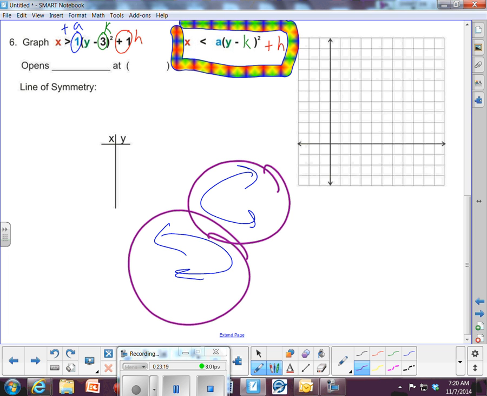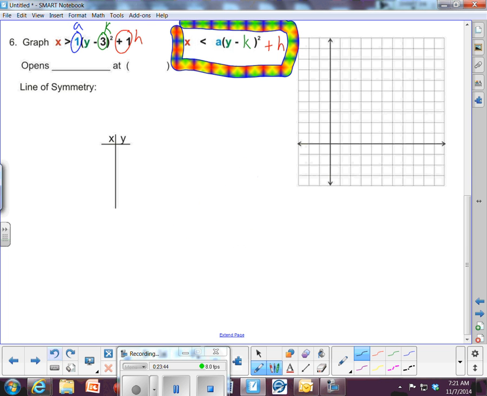I hope you thought, hey, when we were doing max or mins, a positive A went like this. It headed toward the positive values. Therefore, in these, I think a positive A is going to go like this, heading toward the positive values. Math is orderly. Math makes sense. That's why I like math. Not big on English, but math makes sense, and that's a great thing. So this thing opens right.